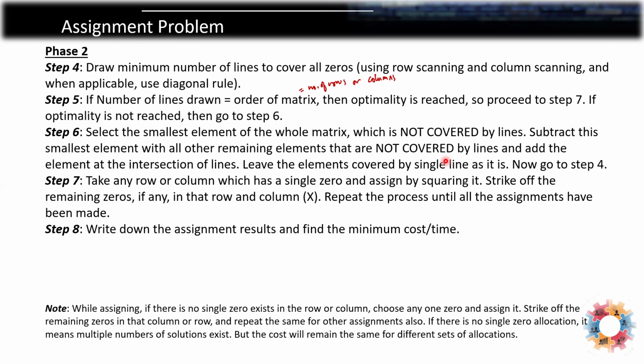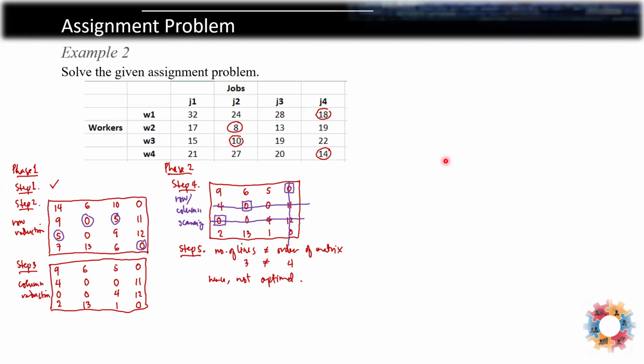Second, add that smallest element to the entries in those cells that correspond to the intersection of lines, and then for those through which only one line passes, leave them untouched. Okay, so let's do that for this example.